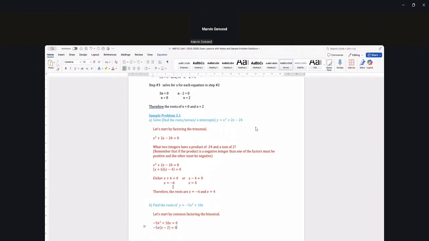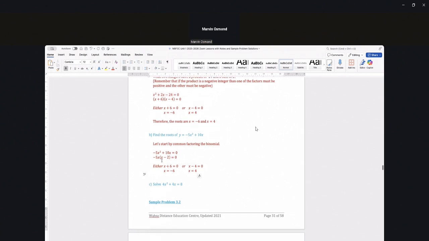Just like before, if we're multiplying two numbers and the answer is 0, then one of the two, or possibly both, have to be 0. So either negative 5x is equal to 0, or x minus 2 is equal to 0.